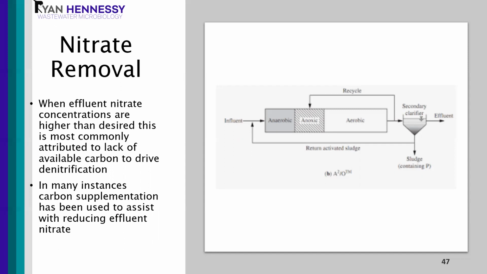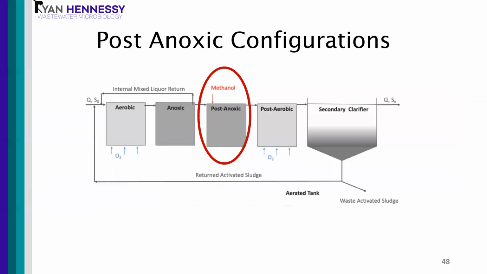And there's a lot of different schematics and different ideas here, but it's a similar thing. In order to get rid of nitrate, you need carbon, you need BOD to drive those reactions. So this schematic here shows a situation where you have a post-anoxic tank.